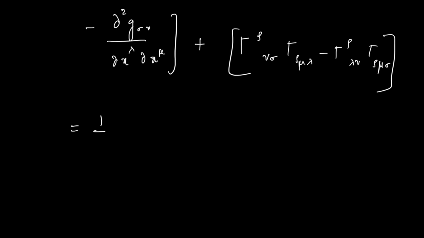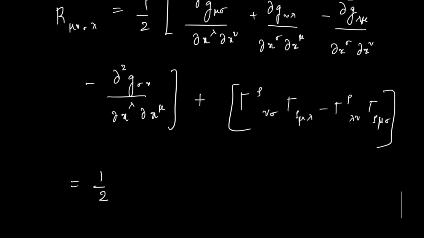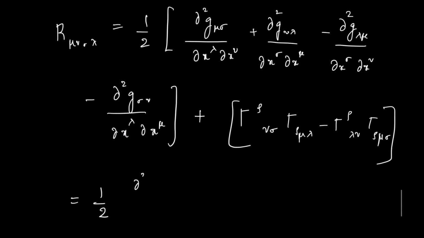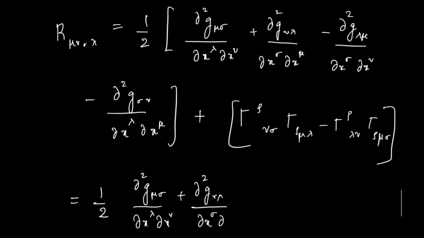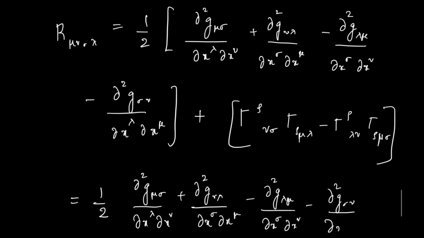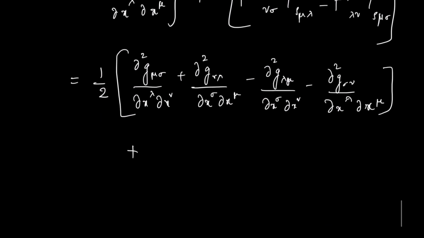So this can be 1 by 2 multiplied by x sigma x mu, plus, I'm going to take out G rho alpha.